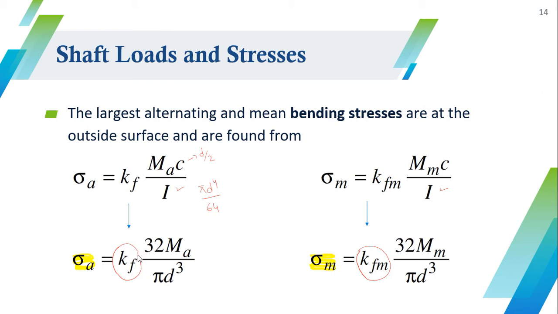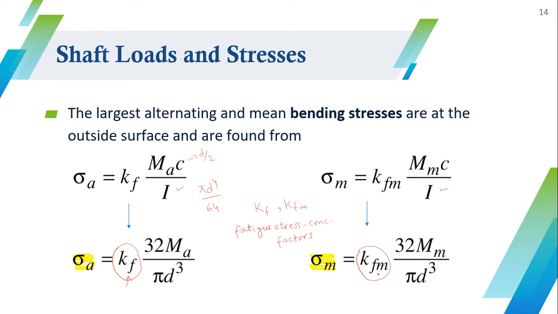These are the fatigue stress concentration factors. Let me turn on the pen. As you see an F in the subscript here, so these are fatigue stress concentration factors, these Kf and Kfm.